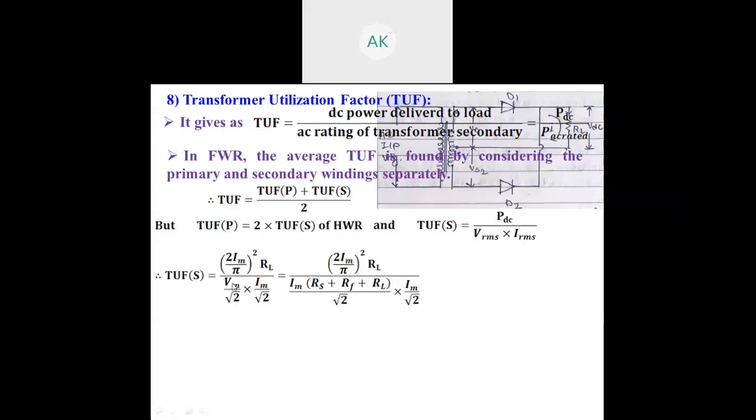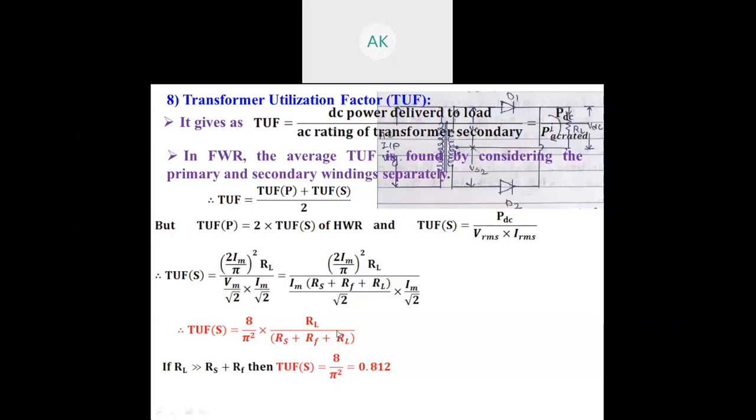So we have plugged in the value of Vm. If we rearrange and simplify this expression, TUF of a secondary is equal to 8 divided by pi square into RL divided by Rs plus Rf plus RL.